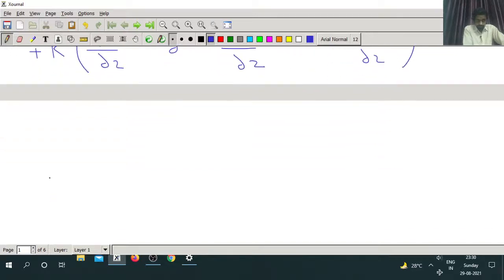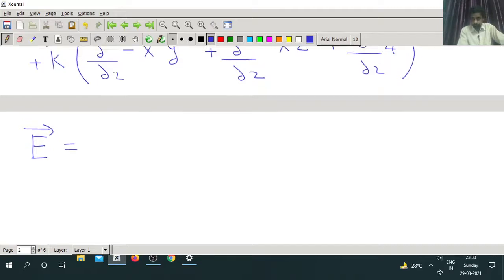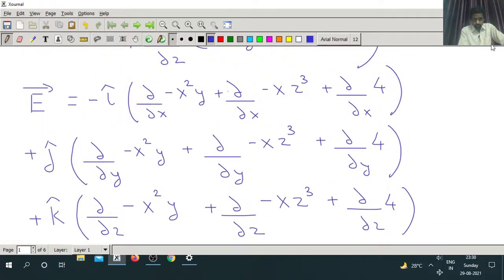So in the next step we can write the electric field as: here you can see this x is there, so x can be differentiated and y can be taken common.